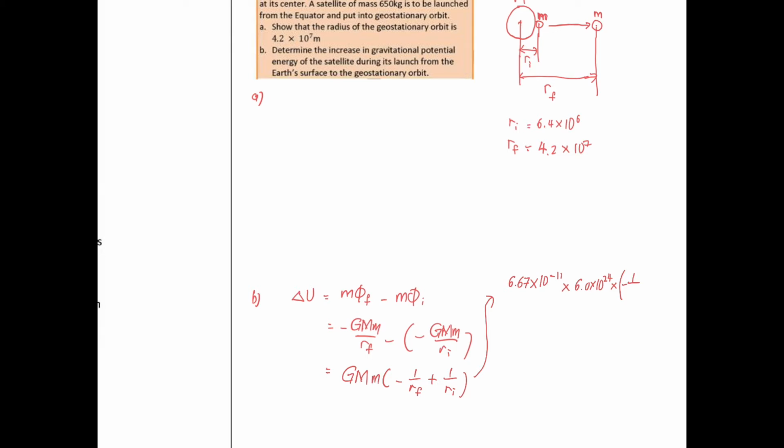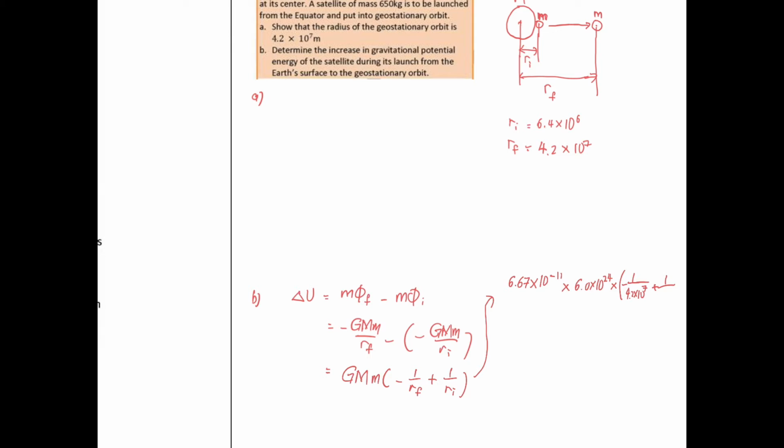R final is 4.2 times 10 to the power of 7, plus 1 over R initial.